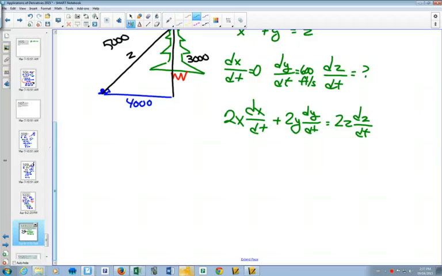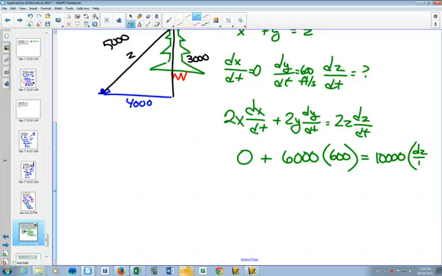So first of all, you could plug in 4,000 here, but I'm going to just do it quicker since I know dx/dt is 0. I'm going to just call that 0 right away. 2 times y, which is 6,000, times the 600 equals 2 times 5,000, which is 10,000, dz/dt.